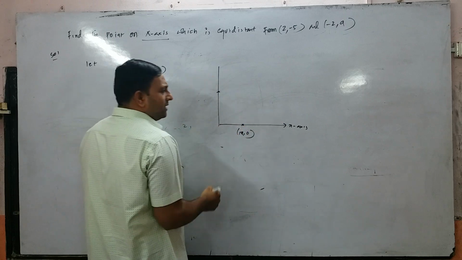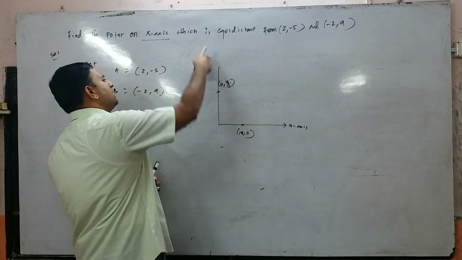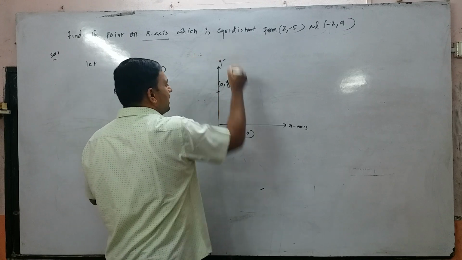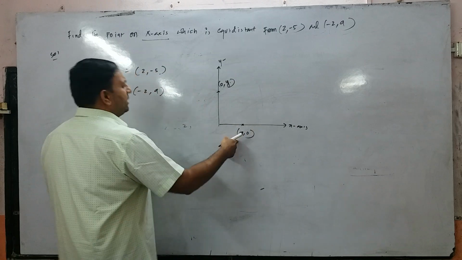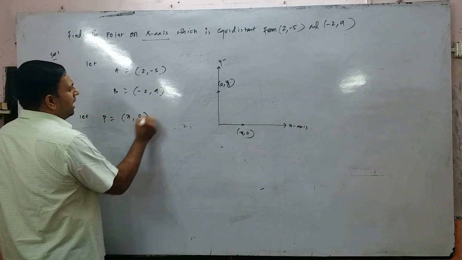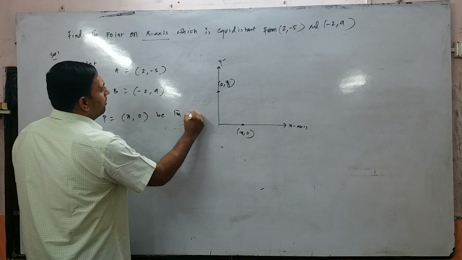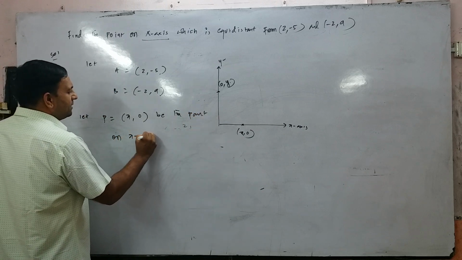Any point on the y-axis is of the form 0 comma y. Is it not? Because always the x coordinate is 0 on the y-axis and always the y coordinate is 0 on the x-axis. So I want a point on the x-axis. I will say let P is equal to x comma 0 be the point on the x-axis.